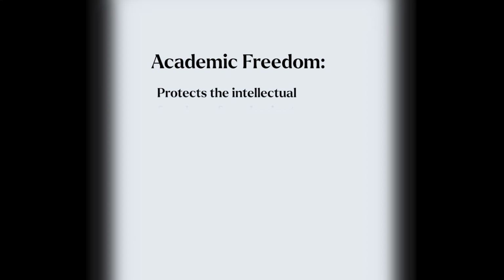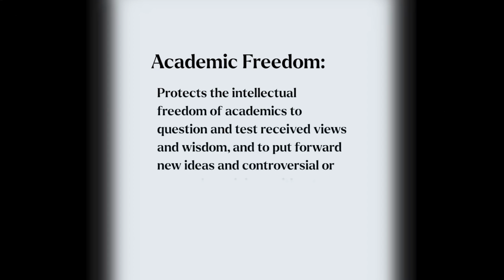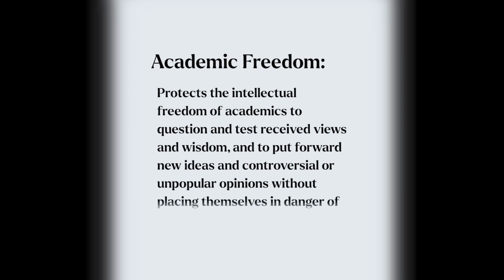That includes special protections for academic freedom. Academic freedom protects the intellectual freedom of academics to question and test received views and wisdom, and to put forward new ideas and controversial or unpopular opinions without placing themselves in danger of losing their jobs or privileges.